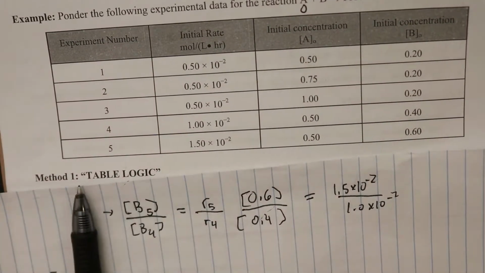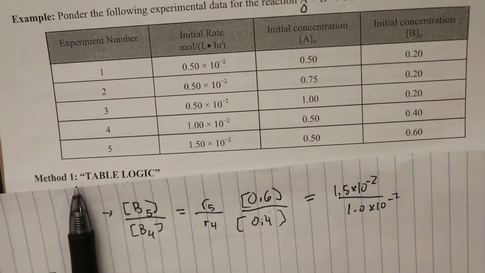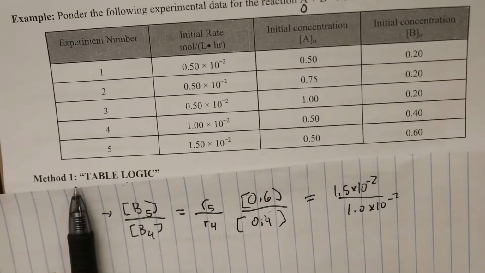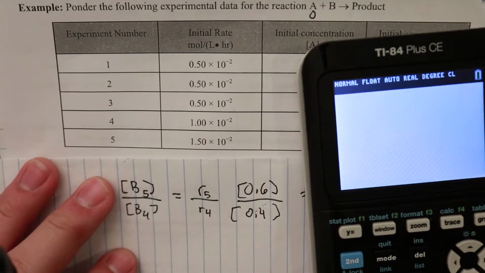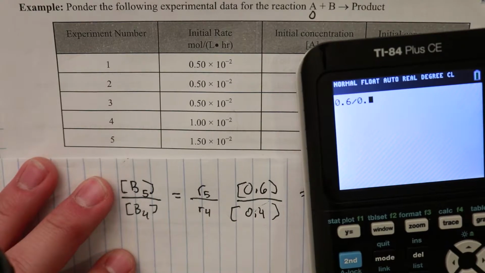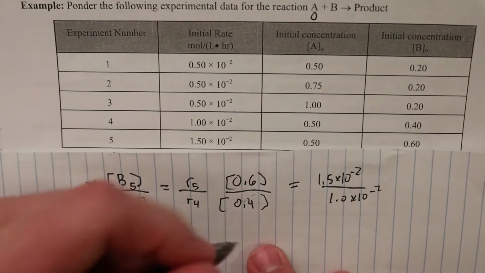Then I divide these. 0.6 divided by 0.4 is 1.5.